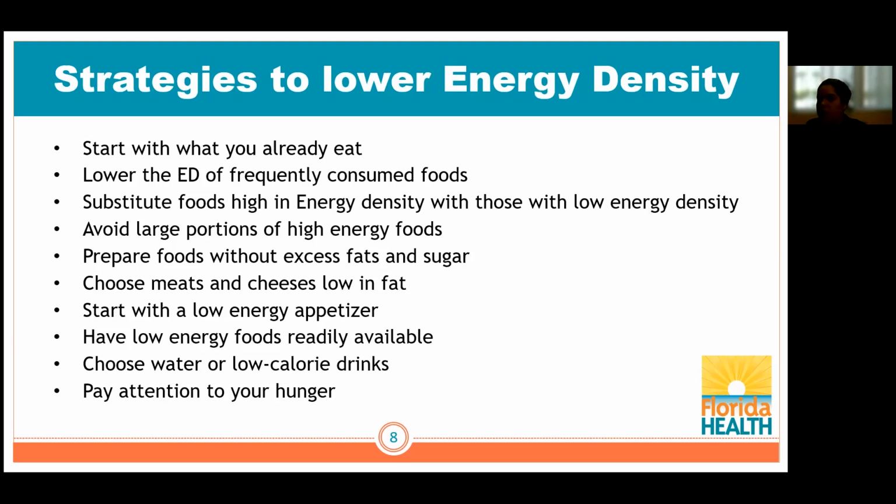Just really focus on portion sizes. I think that's a really important thing. That way you don't feel like you're limited in your eating choices. You can still eat what you want. I don't want you to feel like you can't eat anything, because in reality you can. So maybe you focus on your lower energy density foods at breakfast and at dinner.